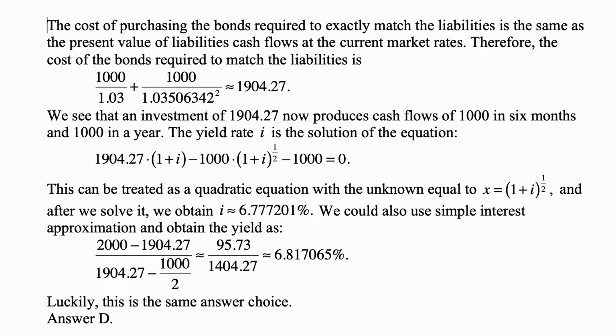And 1904.27 is in the account for a full year, so you can think about this as 1904.27 times 1, and then 1,000 is taken out in the middle of the year, so subtract 1/2 times 1,000. And this becomes 95.73 over 1404.27. It's approximately 6.817065%. Amazingly, that is the same answer choice, so we're lucky it's answer D.